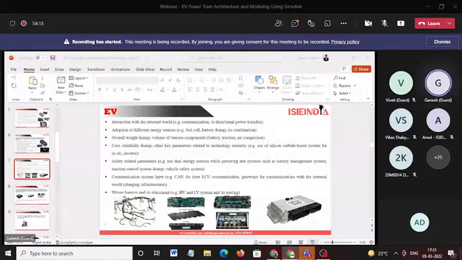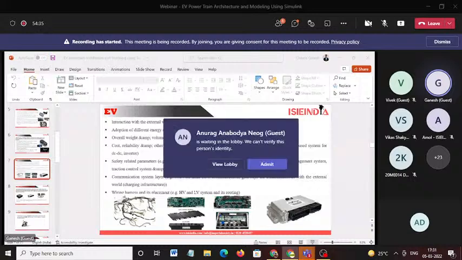Sorry guys, for this small interruption. As I said, we have IC engines and electric vehicles. When we want to start the IC engine, there are a lot of ways to start your vehicle. But coming to the electric vehicle, everything is controlled by your control system or controller.